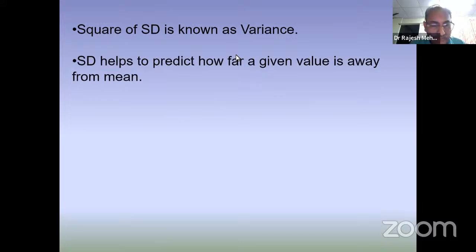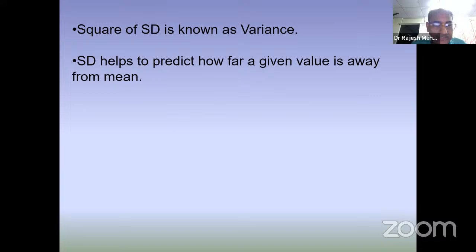Suppose I have values like 8, 10, 12, 14, 16, or let's say even 15, 13. When I find a mean out of this, let's consider for the time being that 12 is the mean.